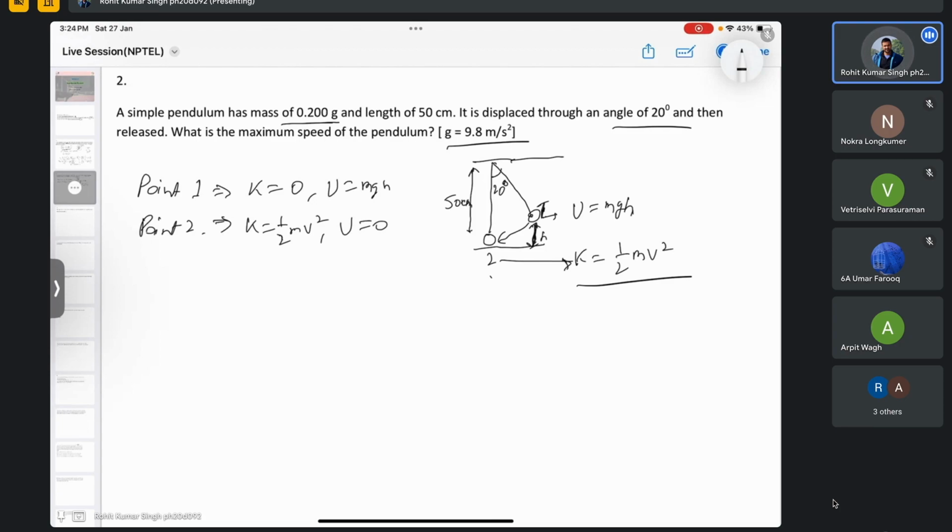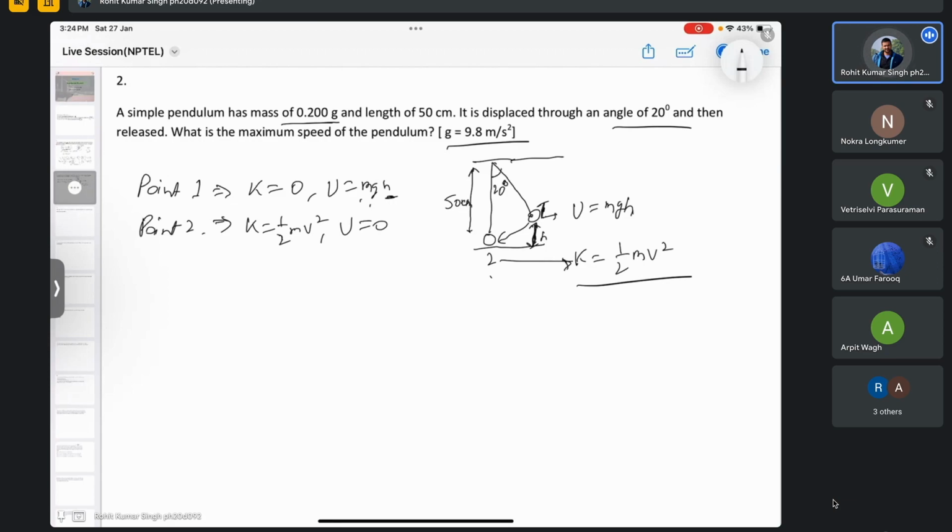Now we have to find first what h is, right? We know m, we know g, but we don't know h. But we know the angle the pendulum got displaced by, so we can use simple trigonometry.